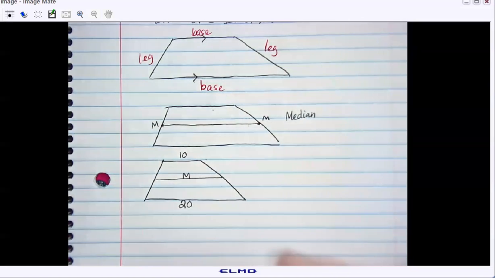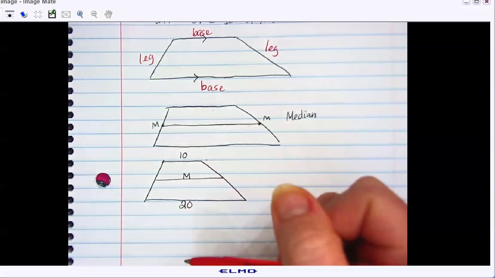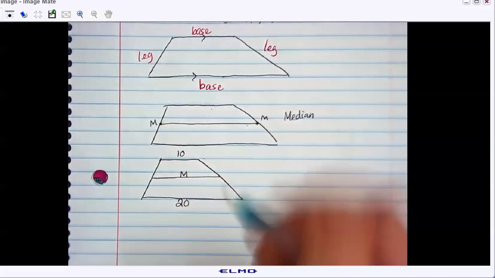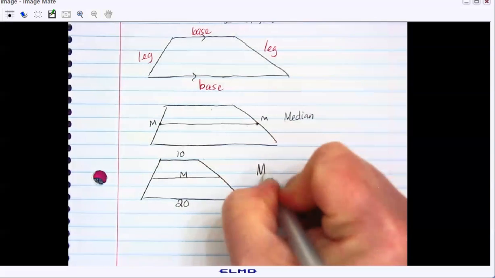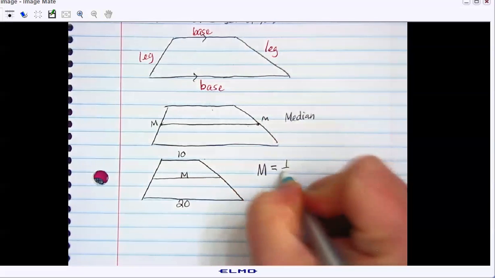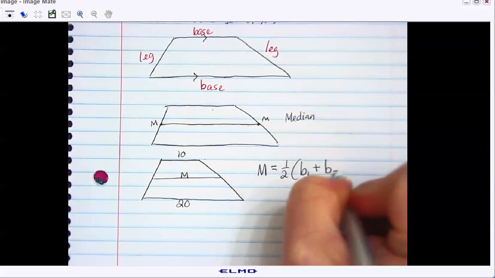Okay. So we know that the number in the middle of 10 and 20 is 15. But we actually have a formula because not all of them are going to be that easy to see. So the median, or M, is equal to 1/2 (B1 + B2).